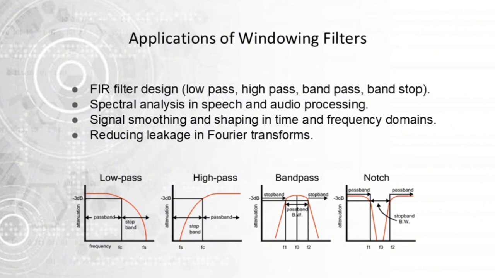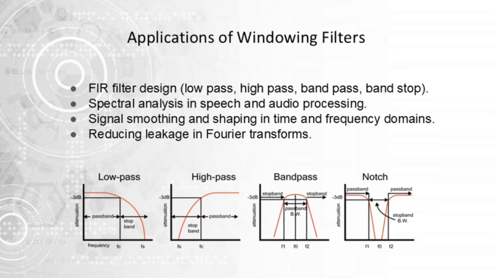This is essential for understanding sound patterns and detecting anomalies. Another use is reducing leakage in Fourier transforms, which ensures more accurate frequency analysis by minimizing unwanted signal spreading. These applications show how windowing filters improve precision and performance in signal processing tasks.